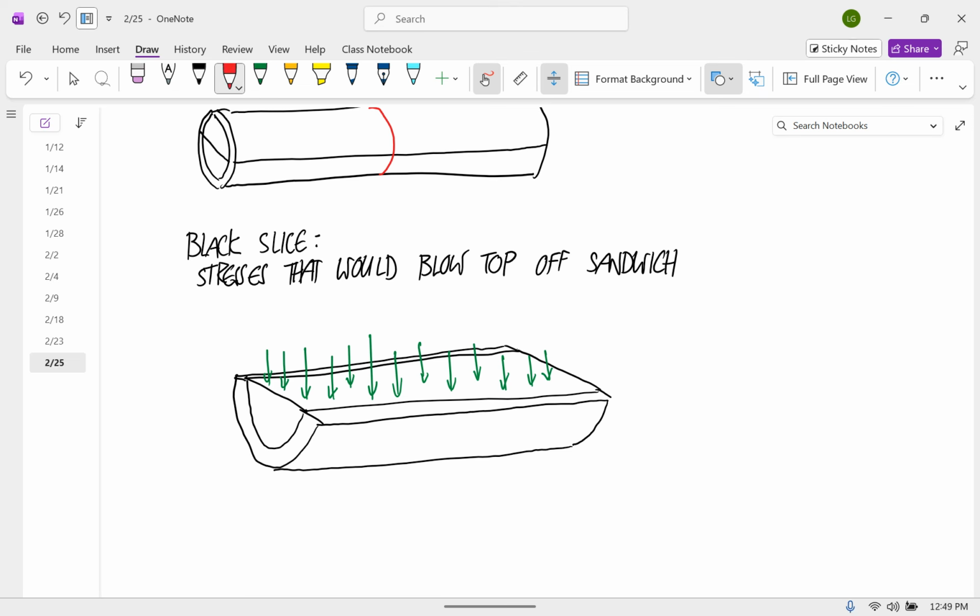But the material provides the counteracting force, and that's going to be a normal tensile force like this. Okay, so we have an F from the material, we have an F from the fluid. Those have to be equal if this is in static equilibrium.